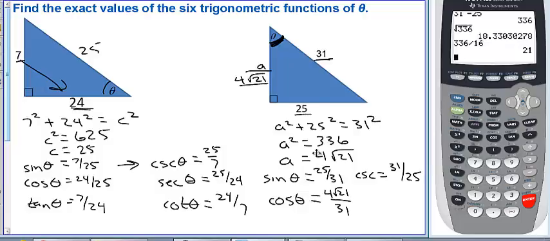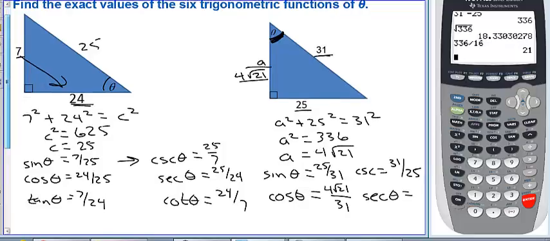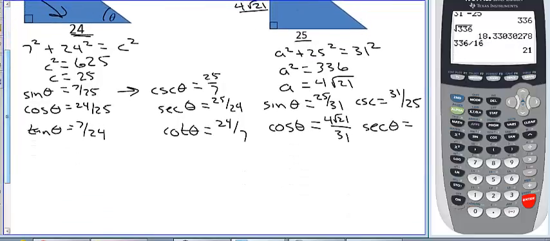And so secant of theta is 31 over 4 square root of 21. So we're going to rationalize on this one. We multiply the top and bottom by square root of 21. So that's 31 square root of 21 over 4 times 21, which is 31 square root of 21 over 84. That's kind of an ugly number.